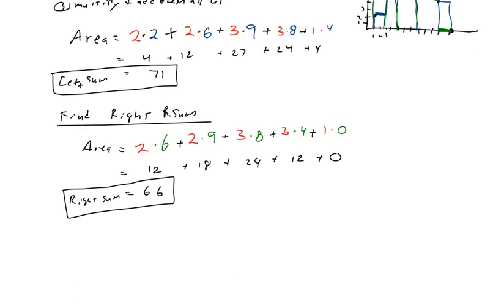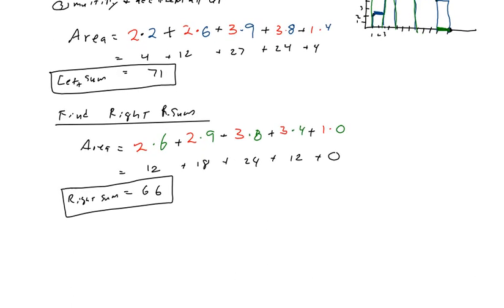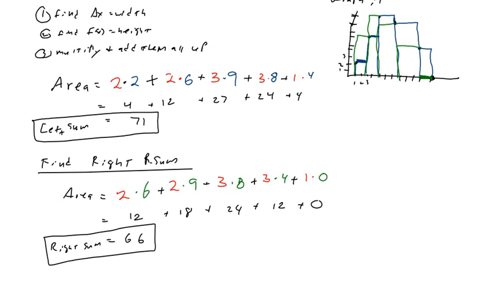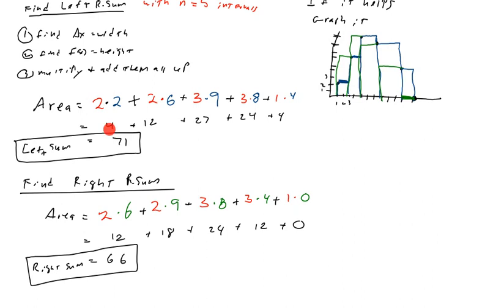The other thing they like to do sometimes is, because we know that these two numbers are not accurate, right? We know that sometimes they're a little bit above, sometimes they're a little bit below. We have our function here, a little bit too high, a little bit too low. Sometimes what they like to do is they say, well, what if I took these two numbers and averaged them together?